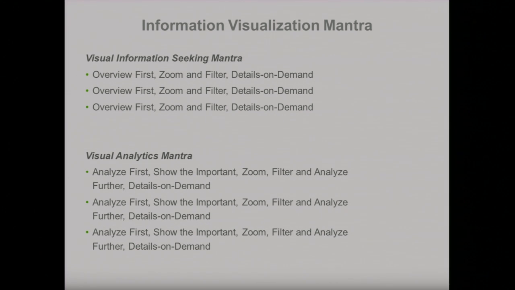If you ever take a class with Ben Shneiderman or someone, he's going to have you for 1 hour stand up and repeat overview first, zoom and filter, details on demand, because that's how we work in information visualization. Visual analytics, kind of different, but still same. Analyze first, show the important, zoom, filter and analyze further, details on demand. What this tells us is that if we can show the user an overview of the data, then they can dig down into details.